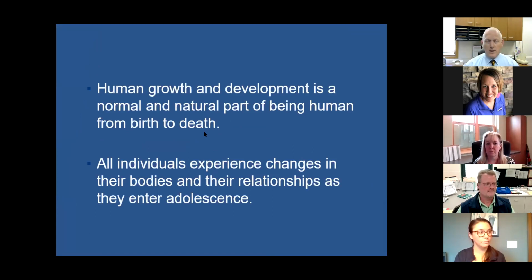Our philosophy is certainly that human growth and development is a normal and natural part of being a human from birth to death. We talk about all different curricular areas, and human growth and development is no different than any other area. It's a process, and students need to learn and be explicitly taught about human growth and development.